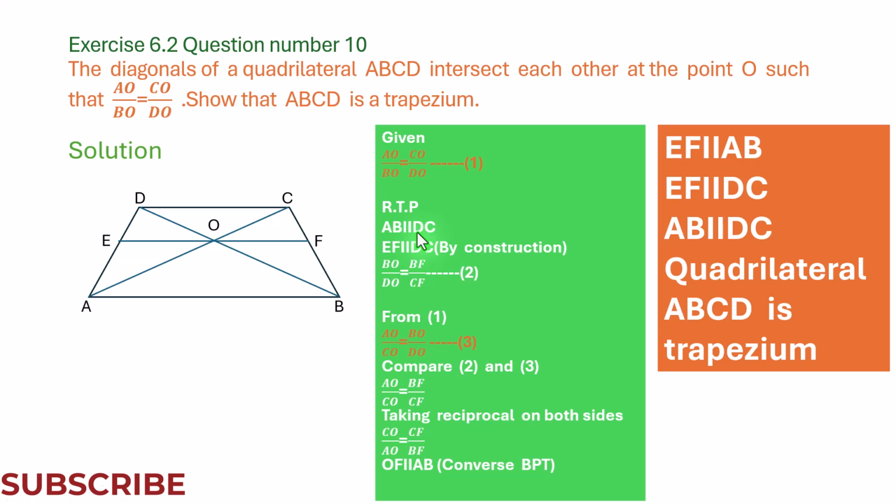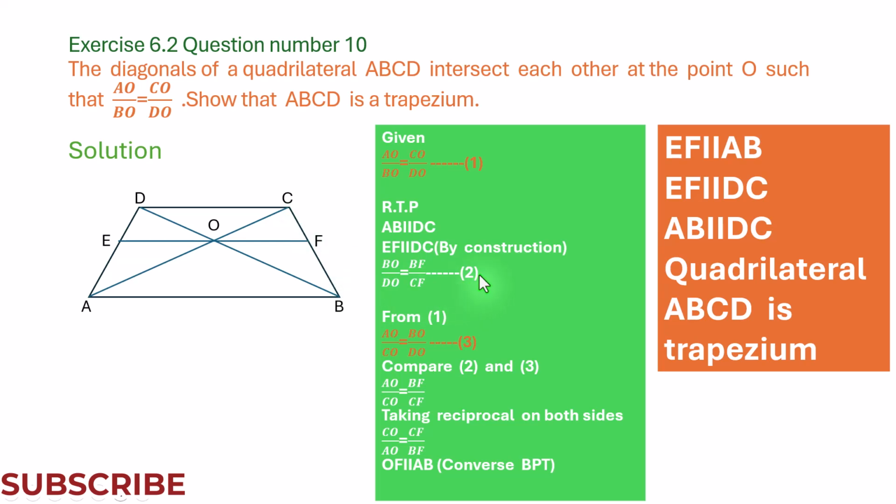Here draw a line through O, EF parallel to DC by construction. EF is parallel to DC, then OF is parallel to DC. Then OB upon DO is equal to BF upon CF.